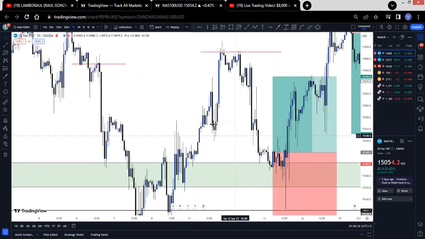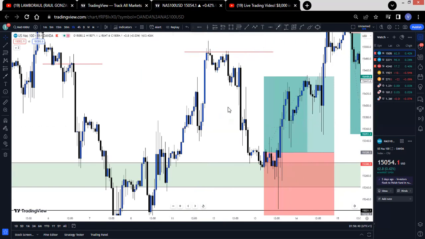We could not enter off this previous candlestick. Why? Because the rejection from the upside was so much.